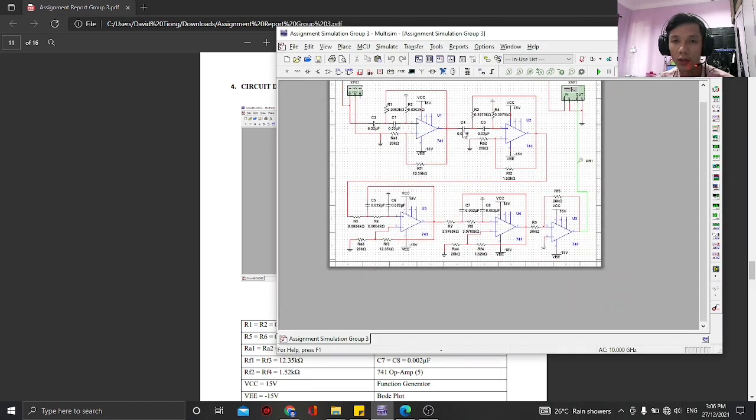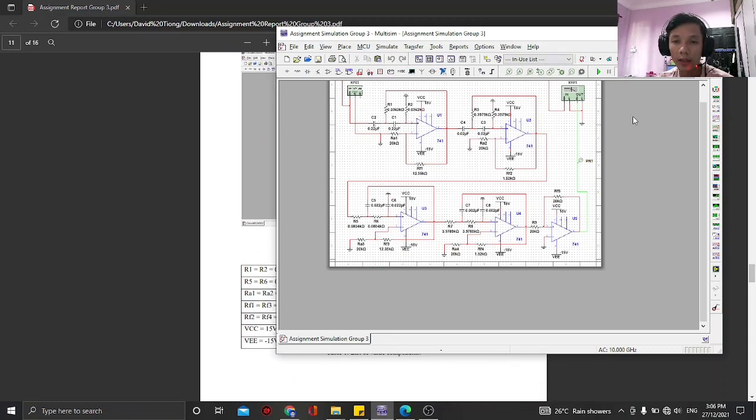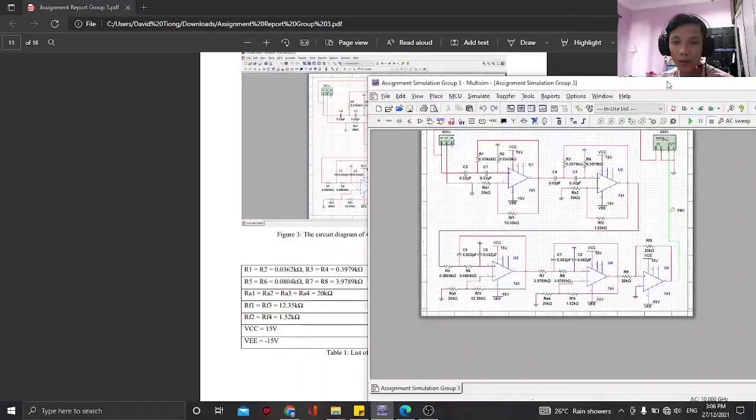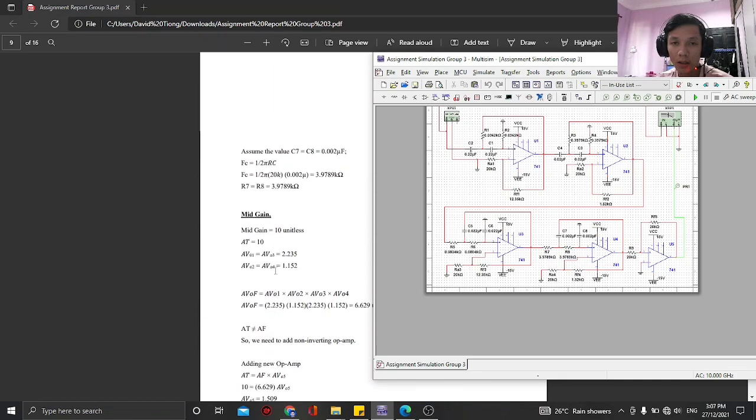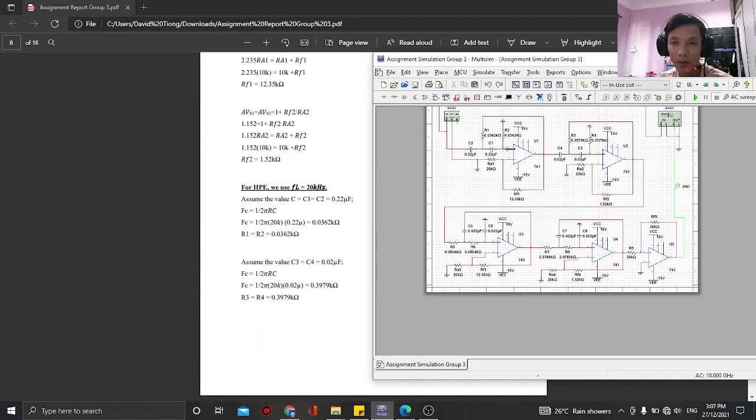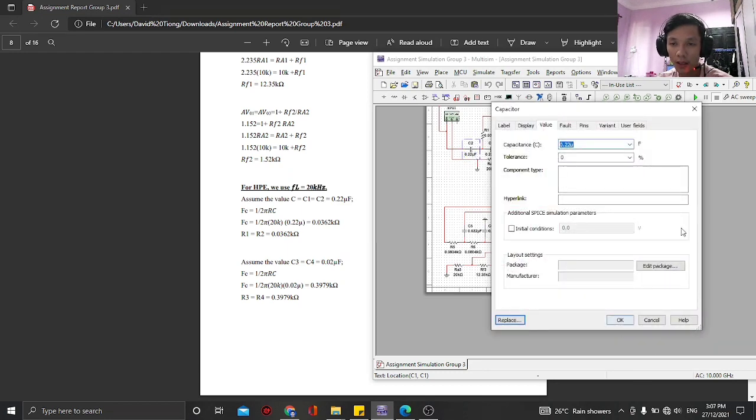This is the Multisim simulation. We need four op-amps, and this is the function generator. After doing the calculation, we apply it to R1, R2, R3, R4, R5, R7, R8 and the assumed value of the capacitors. Here we have the assumed value, so we put it in here, where we can adjust the value and click OK.